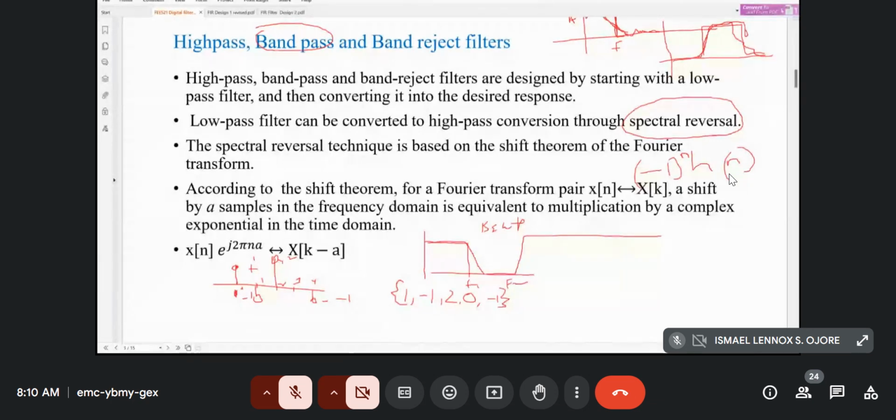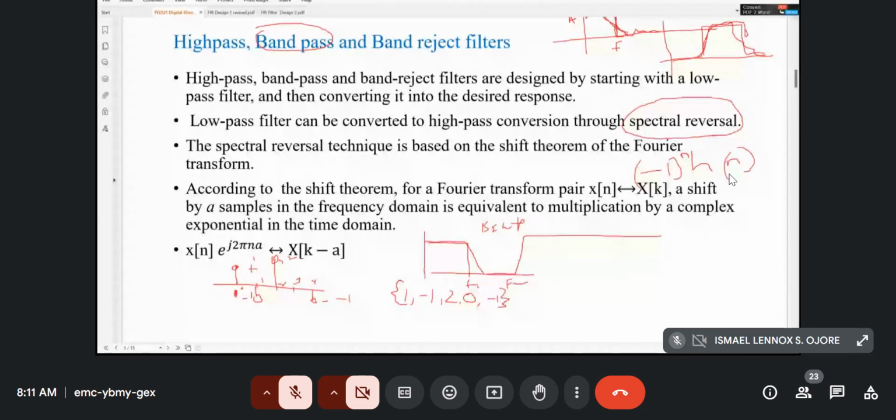There's a lot of characterization of different types of filters, Chebyshev, depending on whether they have a ripple at the stop band and the pass band, and whether they have a steep transition or not. So it is easy to design in the analog domain and then convert to a digital filter.